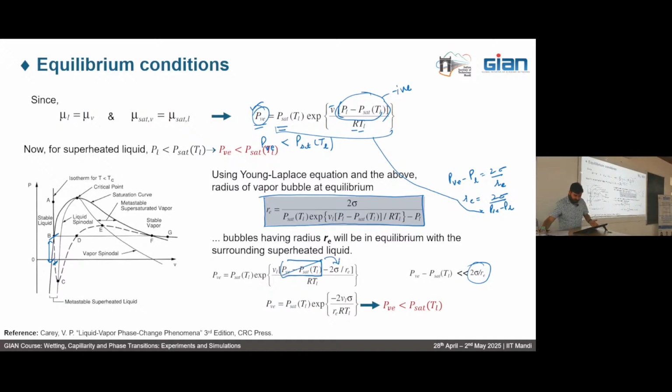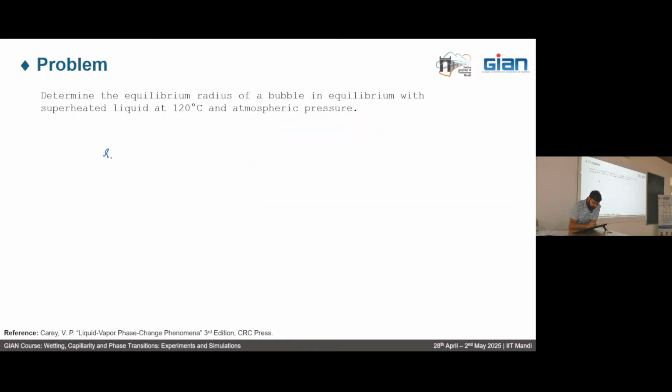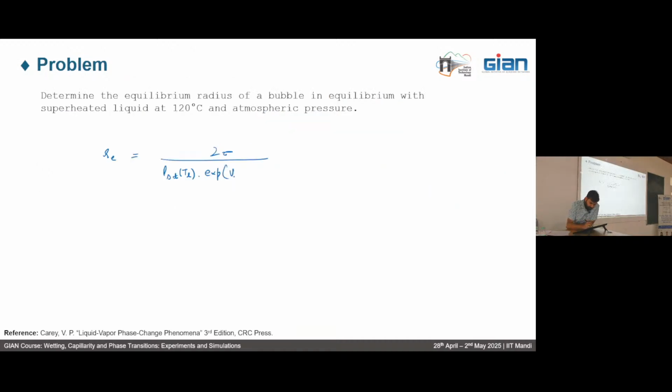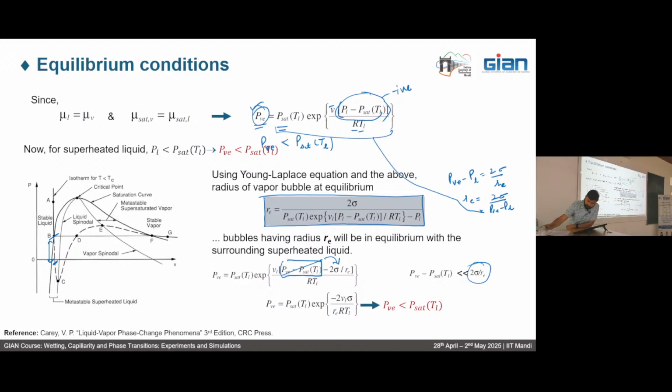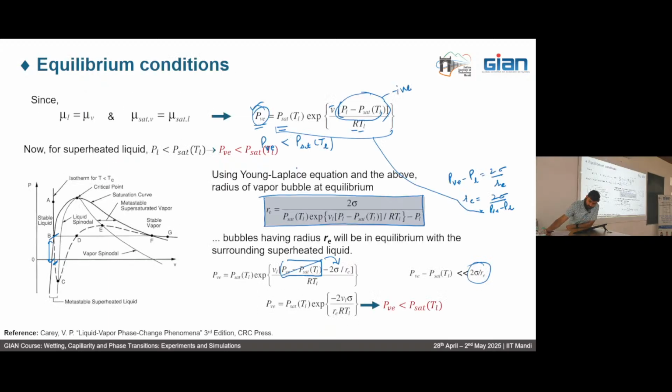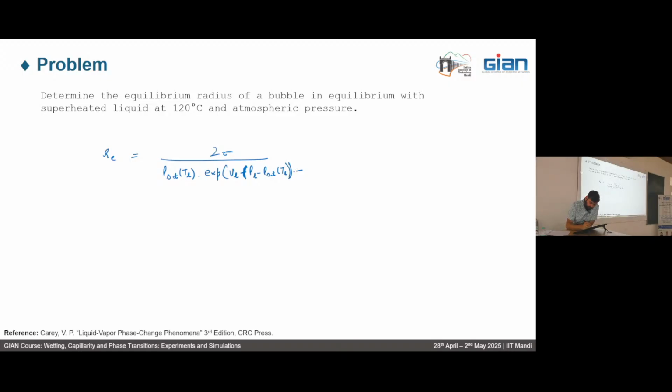So we have already seen that R_E, the radius at equilibrium when the vapor is in a metastable liquid, can be given as 2 sigma times P saturation at temperature T_L times exponential of V_L times (P_L minus P saturation at temperature T_L) divided by R T_L, minus P_L. This is the radius at equilibrium.